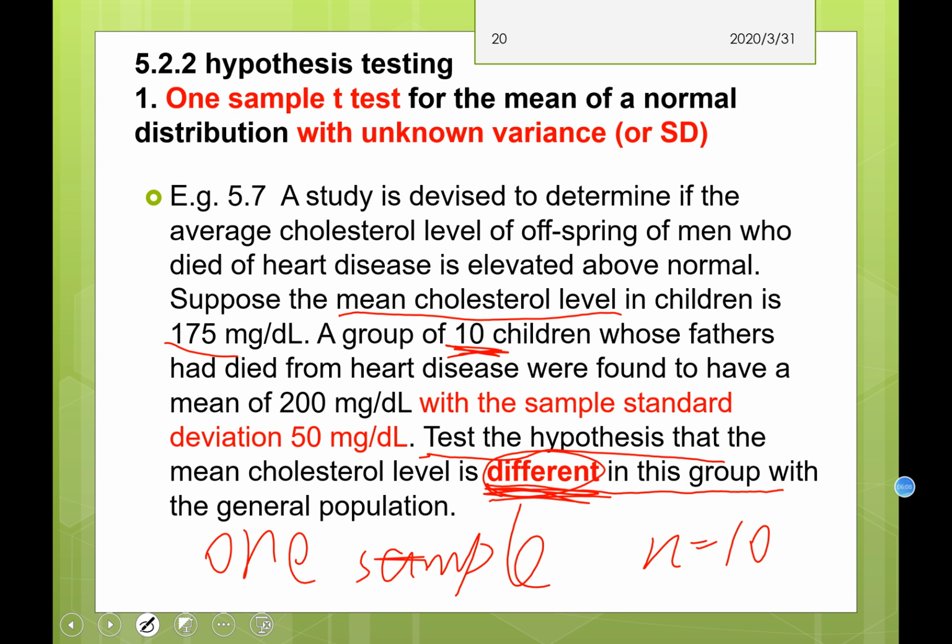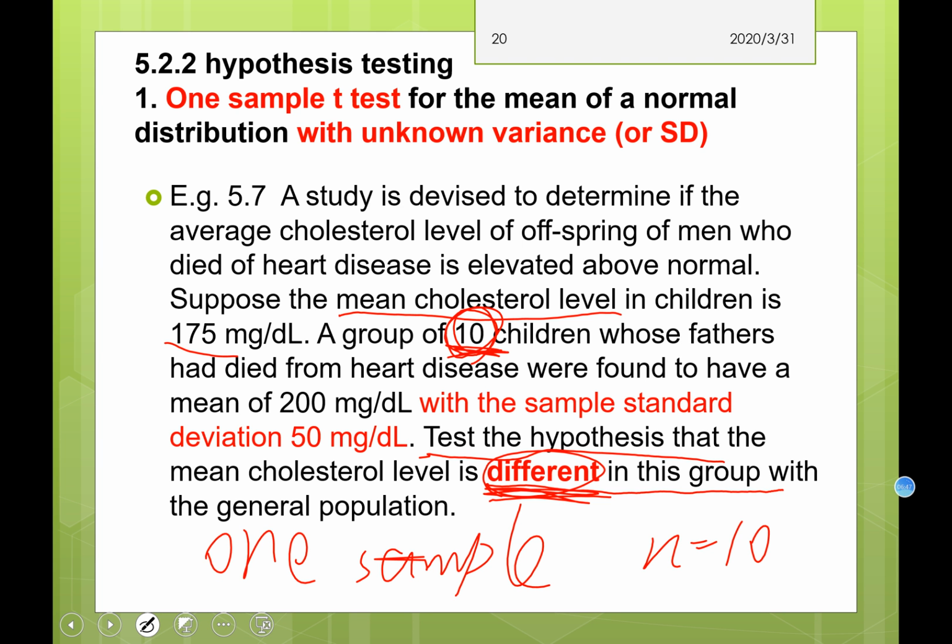So can you find another number of sample size? No, you can't. You cannot find another sample size in this question, right? Okay, so there is only one sample size in this question, and the sample size is 10. So we can use one sample test.